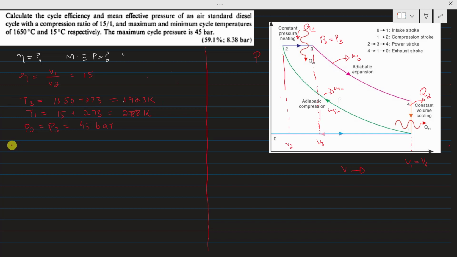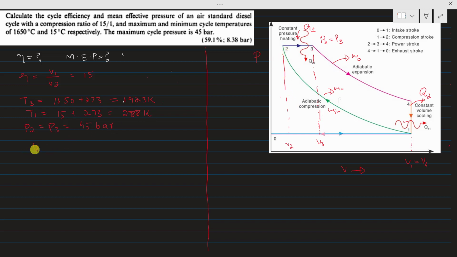Now to find the efficiency of this cycle, at every state point the temperature should be determined. The temperature T1 is already known, and the temperature T2 is unknown. For that we will apply the isentropic formulas relating temperatures and volumes to get T2.